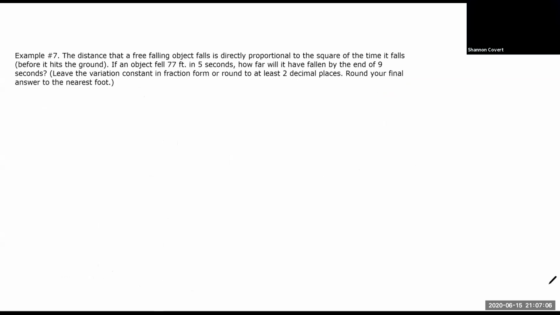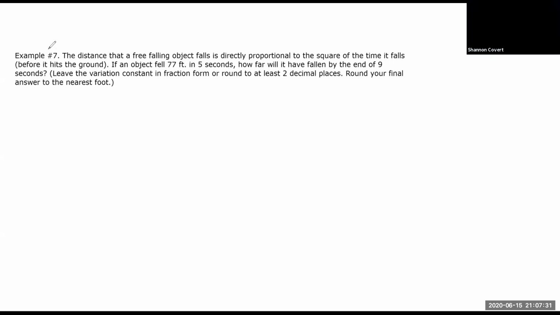If an object fell 77 feet in 5 seconds, how far will it have fallen by the end of 9 seconds? Leave the variation constant in fraction form or round to at least 2 decimal places. Round your final answer to the nearest foot. Remember, I always keep my k as a fraction.